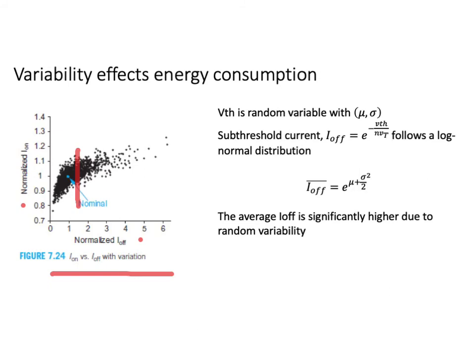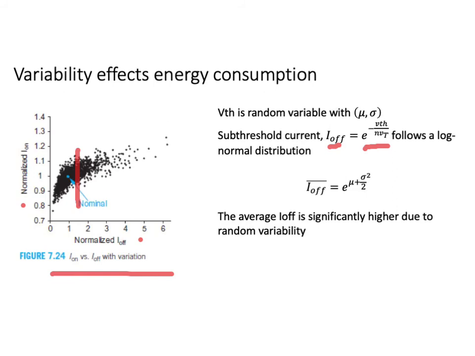So we know that I_off is proportional to e to the power of V_TH, the threshold voltage, divided by n, a factor of between 1.5 and 2, that's the capacitive voltage divider at the transistor gate, and V_T, the Boltzmann thermal voltage, roughly 26 millivolts.